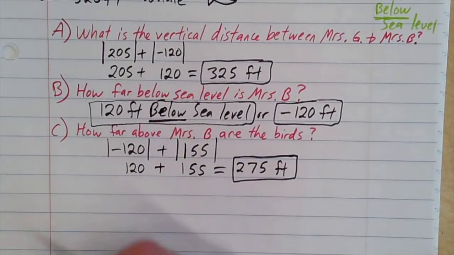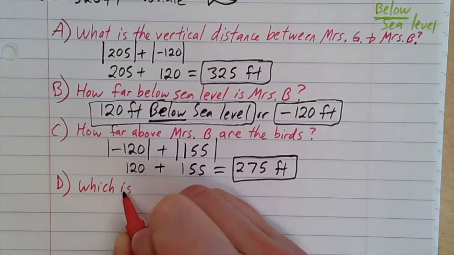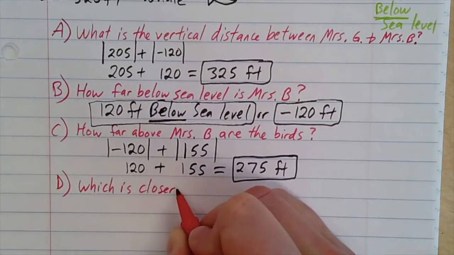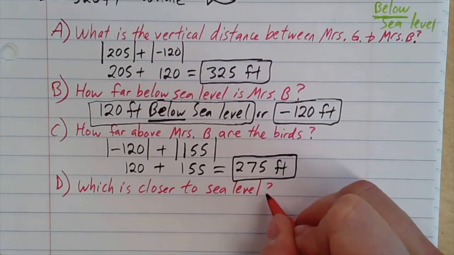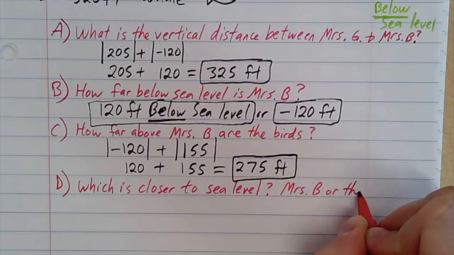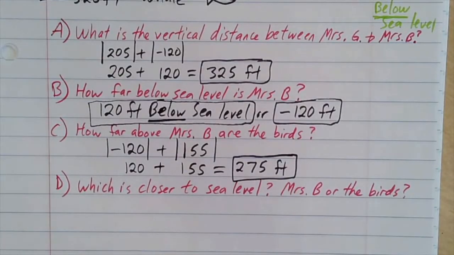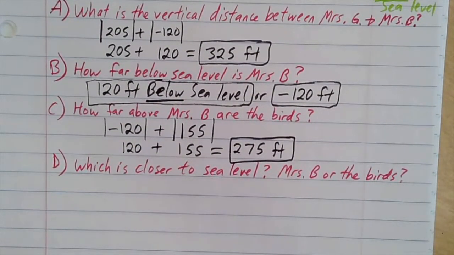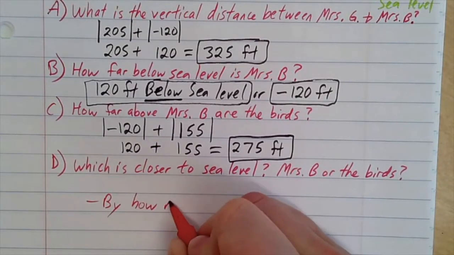Part D, which is closer to sea level? Mrs. B or the birds? And then it says by how much?